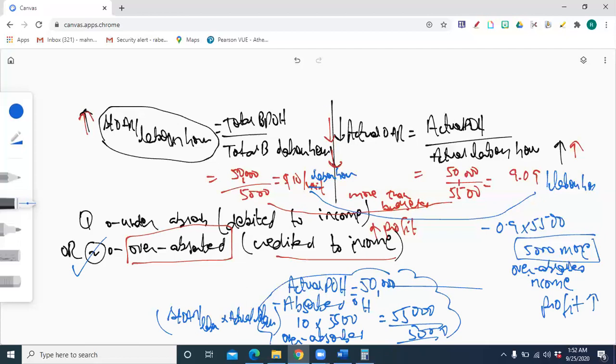When some values are given, you have to solve it, and in one of the options you need to pick the right answer, such as over absorbed by 5,000 or under absorbed by 8,000, something like that.